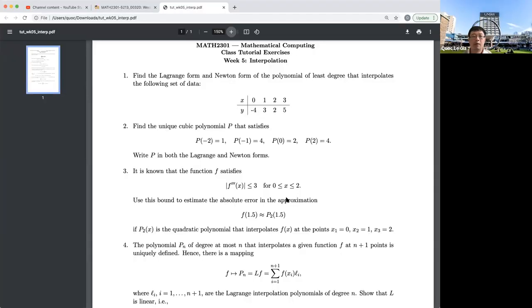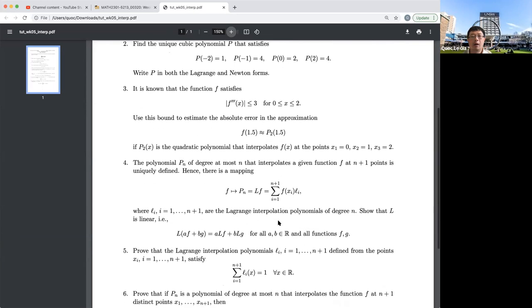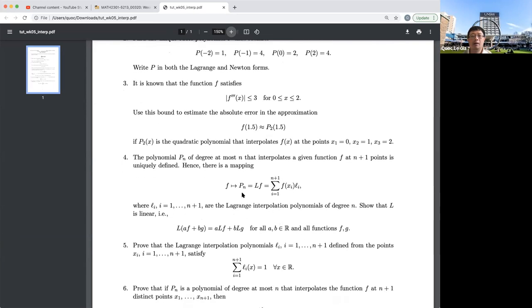So now the next one will be. Okay. So we can write the Lagrange polynomials in this form. Sum of f of xi Li.